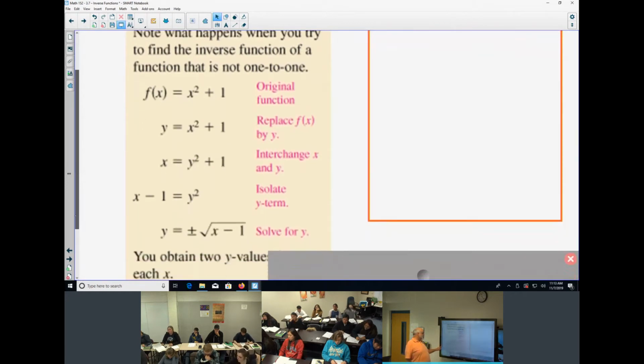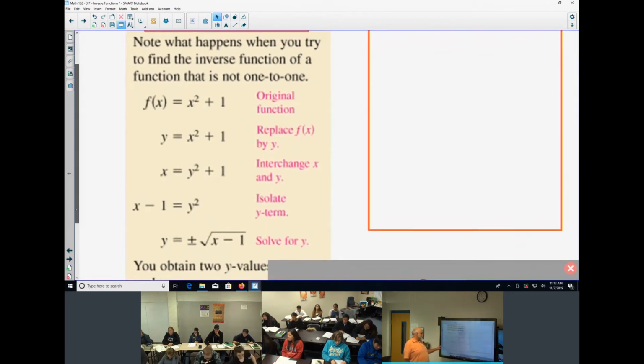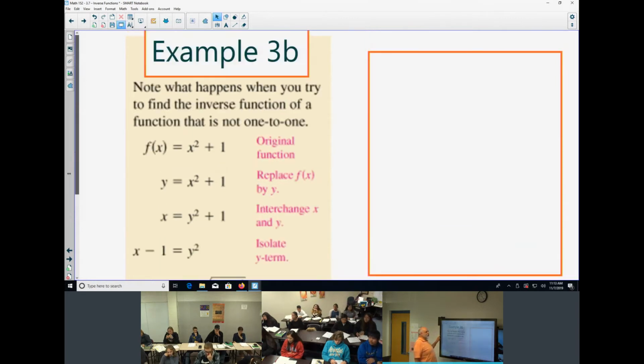When I solve for the new y, I end up with a plus or minus. So that's kind of weird. You might think that seems too weird to be the answer. So then what you do is put them in the calculator.